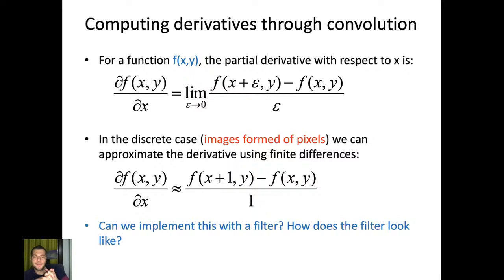So the answer to the first question is yes, we can implement this through a filter. But I leave the second question for you to answer. So what would be the filter components that can model this approximation of the derivative?